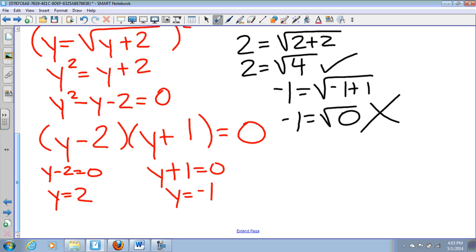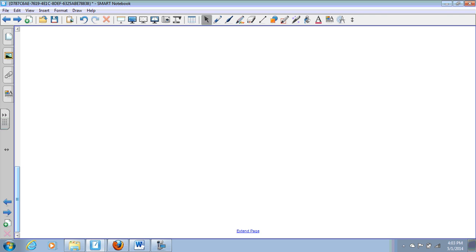Not true. Something to think about is, can we get, from what you know right now, the negative 1 as a root for a radical? At the point we're at now, no. When you get into Algebra 2, you will discover ways that you can. And so that leads us to example number 5, the no solution method.